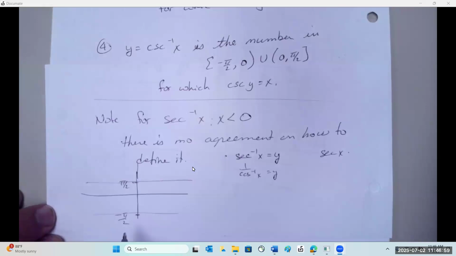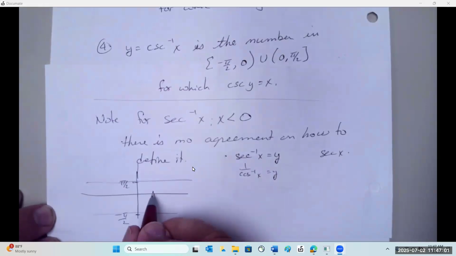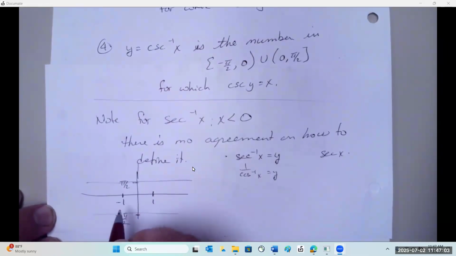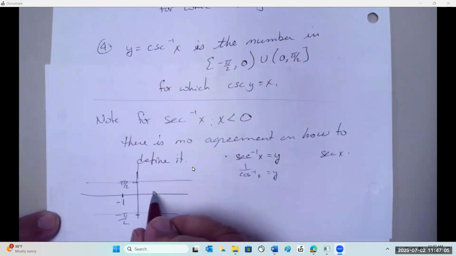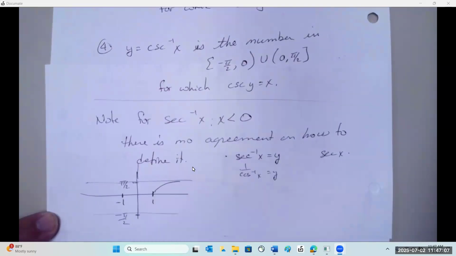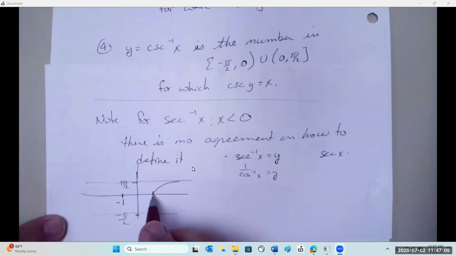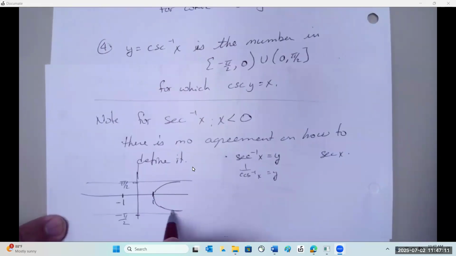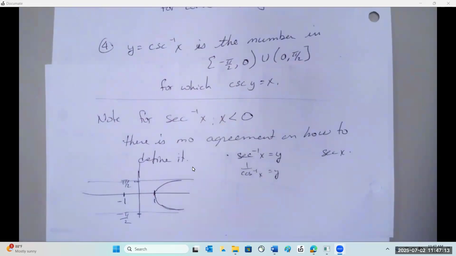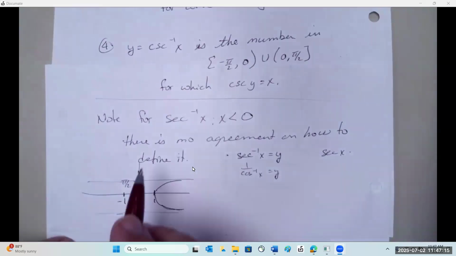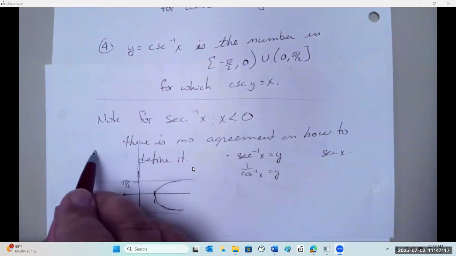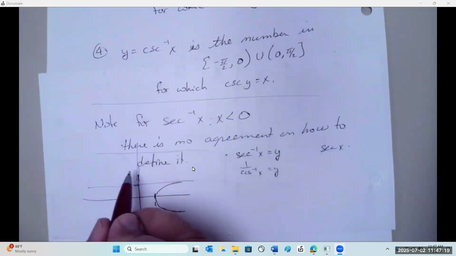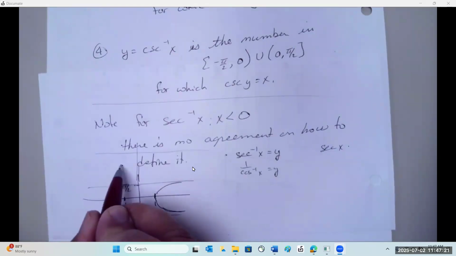So our graph for the inverse function, we go from 1 to negative 1. And then for the next half here, here's 3 pi over 2. At 1, it goes the other direction.